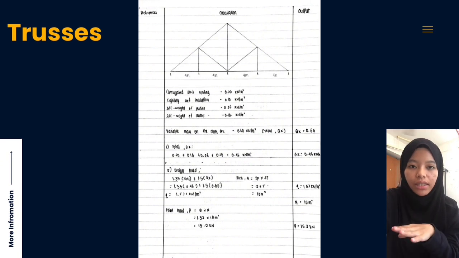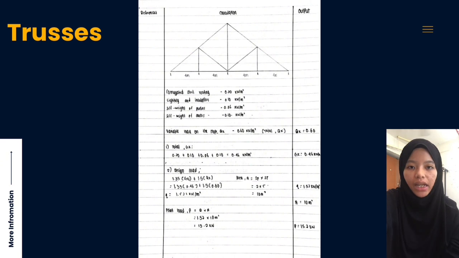The formula is 1.35 multiplied by GK plus 1.5 multiplied by QK. So 1.35 multiplied by 0.46 plus 1.5 multiplied by 0.60, and we will get Q as a total of 1.52 kN/m².